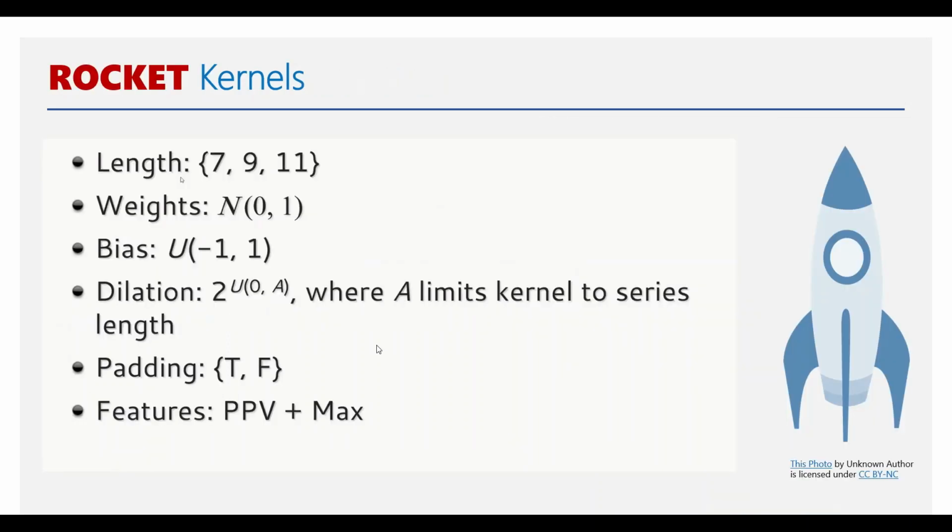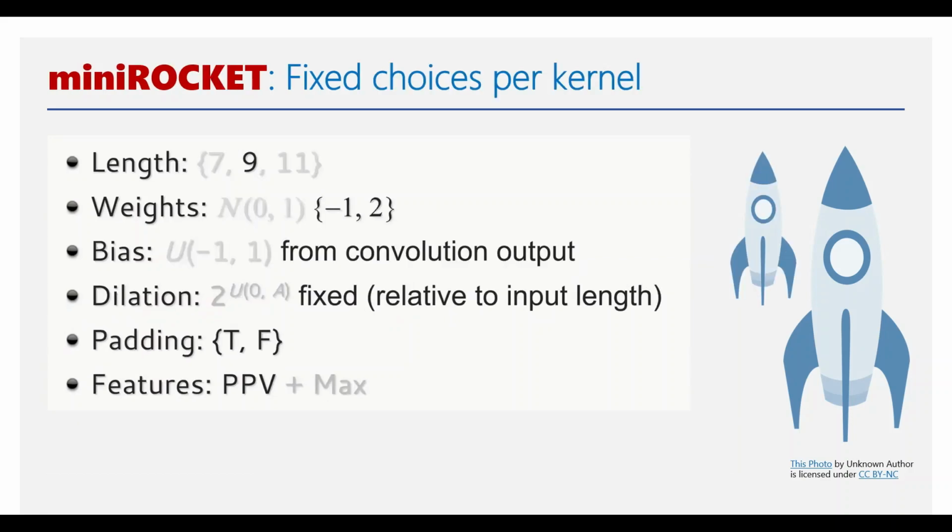Now, these are the parameters of Rocket. The same authors who developed Rocket came back with a new version called MiniRocket. Instead of having these sort of parameters, the authors decided to tweak them. They focused the kernels on a length of 9.